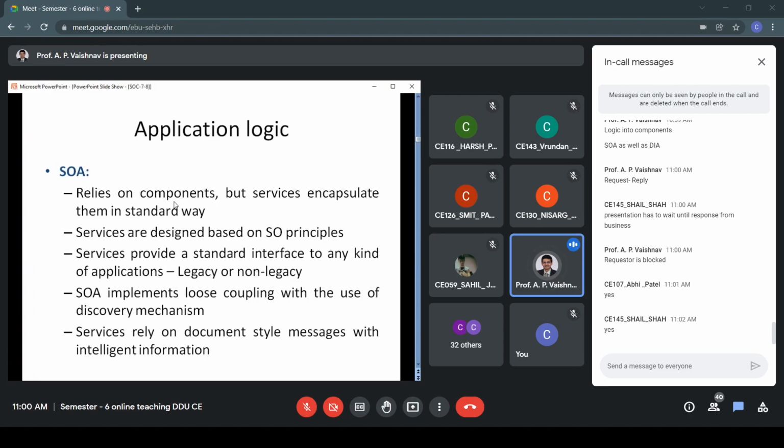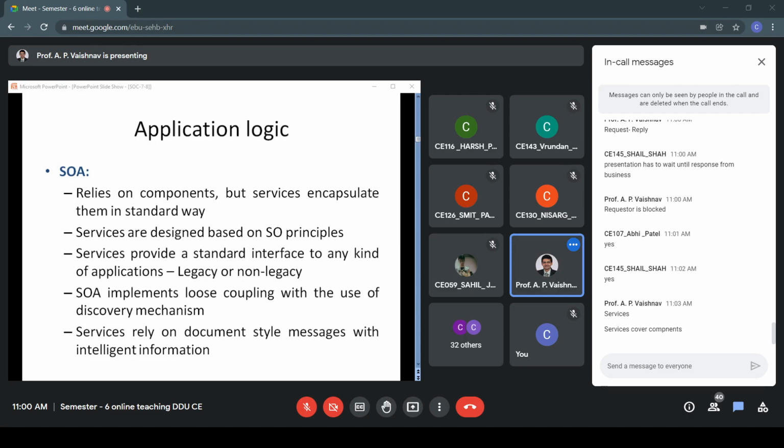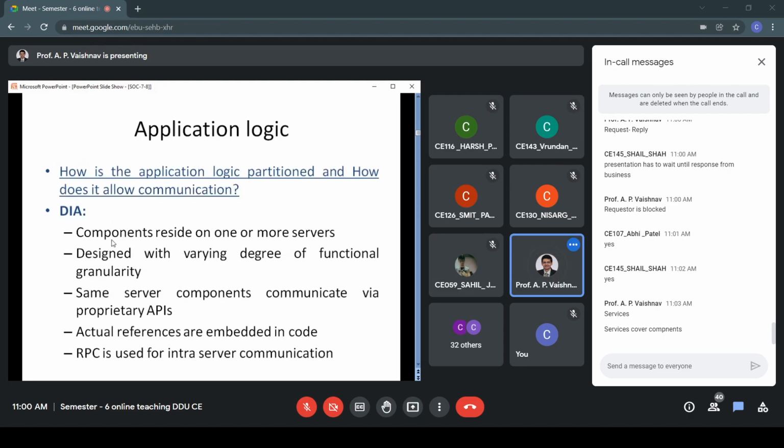But what is the difference? In SOA, we use services, and services act as an encapsulation mechanism that covers the components, or they hide the components, in other words.